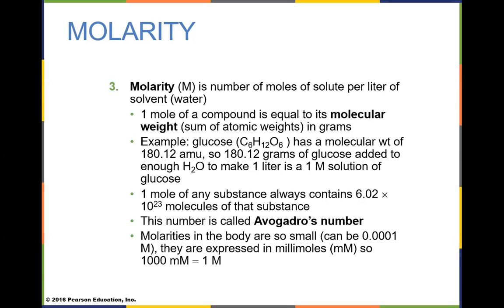So for example, sodium chloride, the molecular weight for sodium is 23, and the molecular weight of chlorine is 35, and that gives you 58 if you add those two together. So the molecular weight of an atom of sodium chloride is 58.